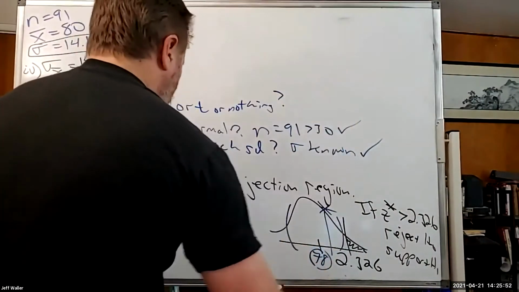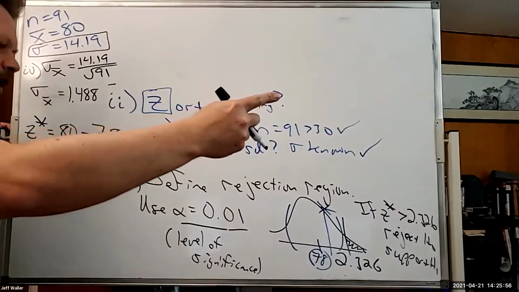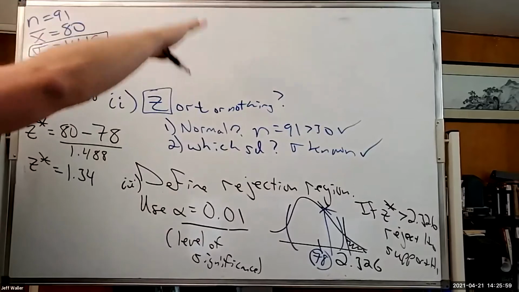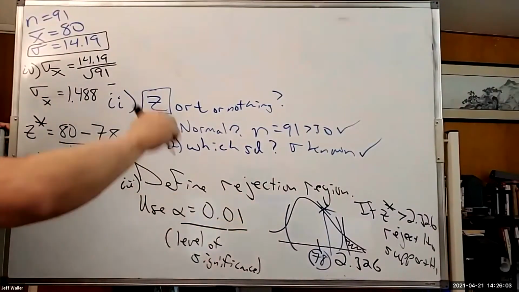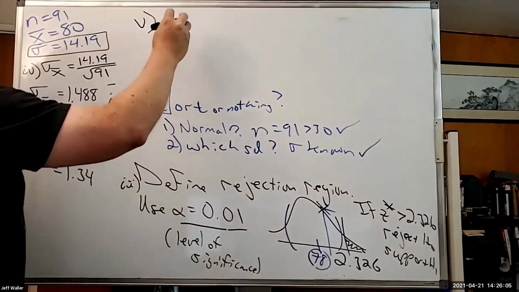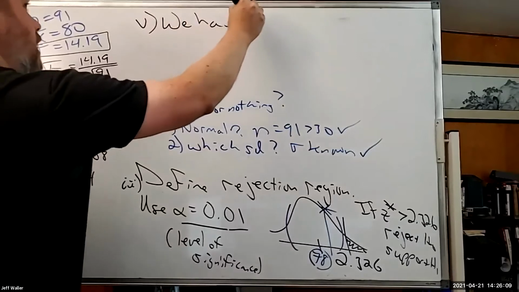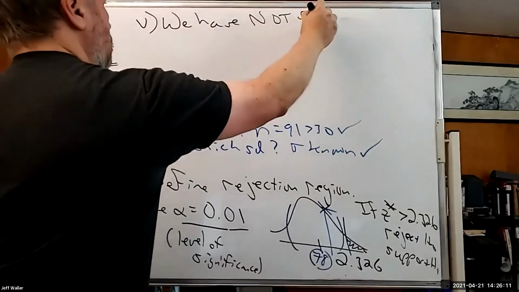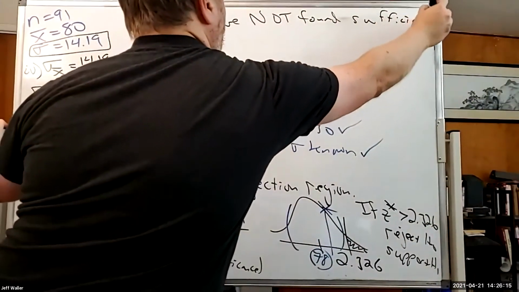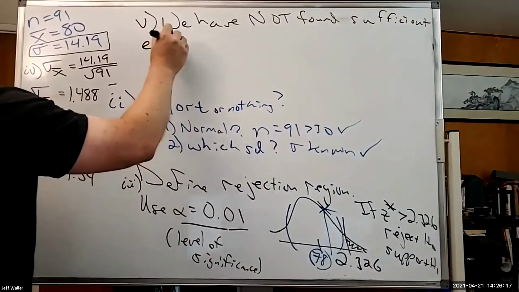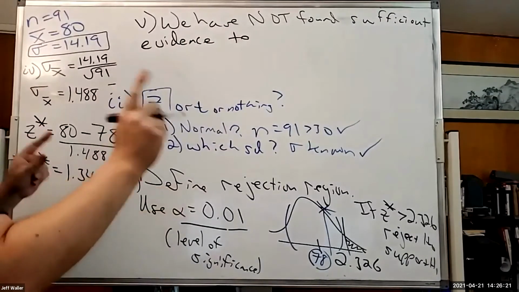So here would be the conclusion, and then I'm going to show you the handout that's got all of these steps fleshed out. So the conclusion is going to be, we have not found sufficient evidence to, now what was the claim?